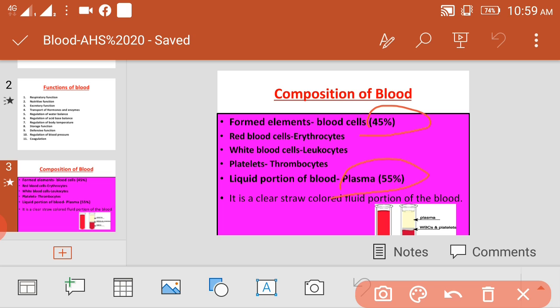Plasma is the liquid portion of the blood, that is 55%, and the formed elements are called blood cells, or 45%. Blood cells are the red blood cells, which are erythrocytes, white blood cells, leukocytes, and platelets, thrombocytes.